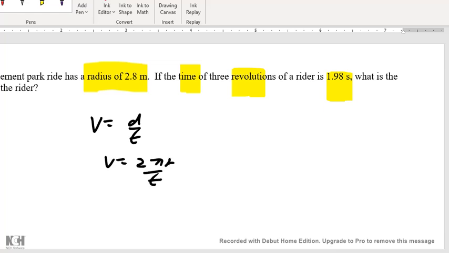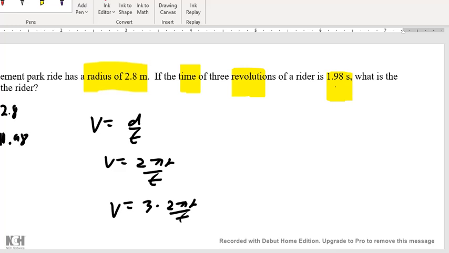How many revolutions are we making? So we have to do 3 times 2 pi r over T. Or you could divide the time by 3 for 1 revolution. We know the radius is 2.8, right? We know the time is 1.98, right?